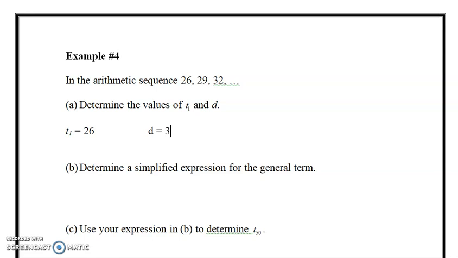We simply get that by taking 29 subtract 26 equals 3. You take the second term, subtract the first, or the third term, subtract the second, and you will end up with 3 for your common difference. So d is equal to 3.